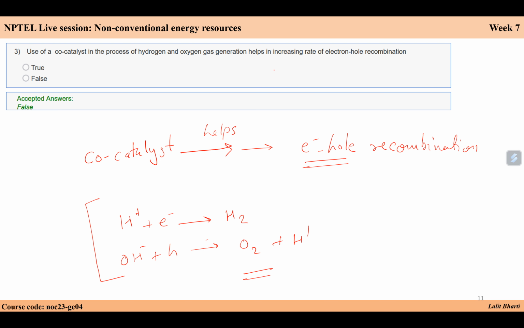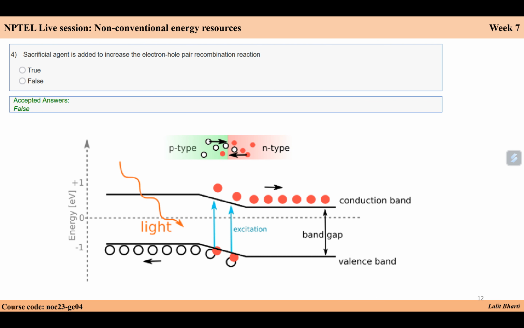In this statement they are saying that the co-catalyst helps in increasing electron hole recombination. That we don't want, because we don't want to recombine electrons and holes. So that statement is clearly false. Then we'll come to the next question.